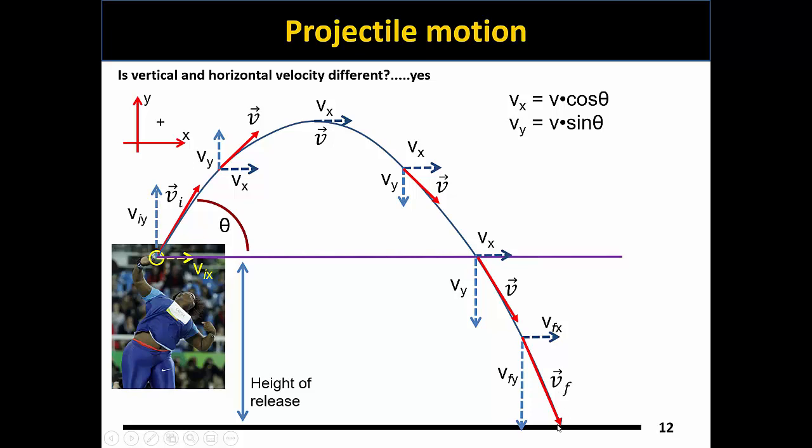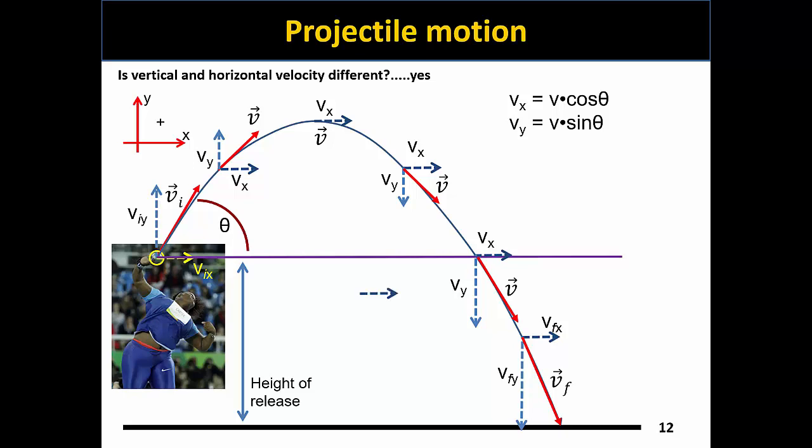The final point would be at the very point right before it makes ground contact, but these vectors would be off the PowerPoint slide. So the final point is actually a point right at the very instant before the molecules of the shot put contact the molecules of the ground.